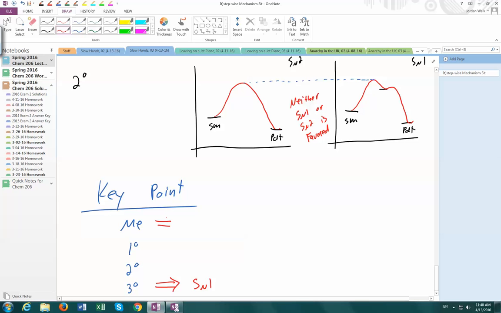If we see methyl, it's going to go SN2 pretty much all the time. Same thing for primary. Almost always will go SN2. But then we get to the case of the secondary, and so now what we find is more info is needed. And so that's a lot of what this next lecture or so we'll talk about.